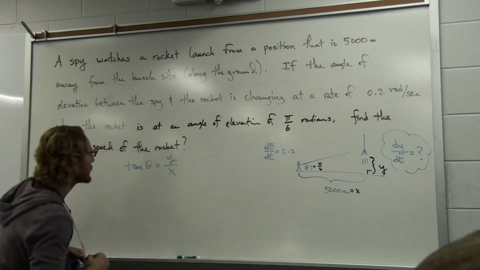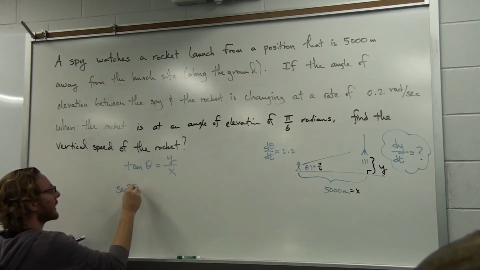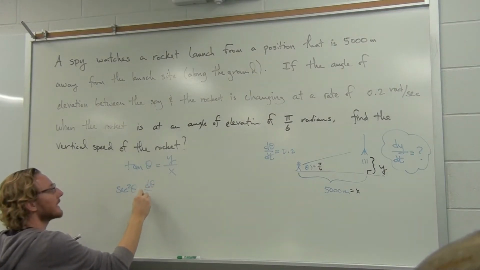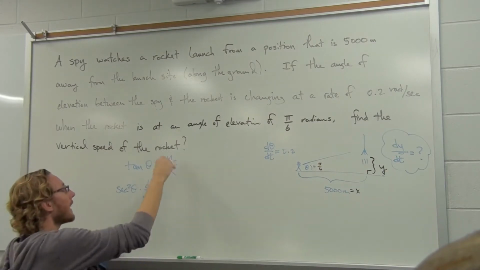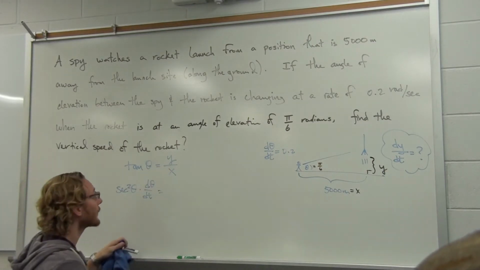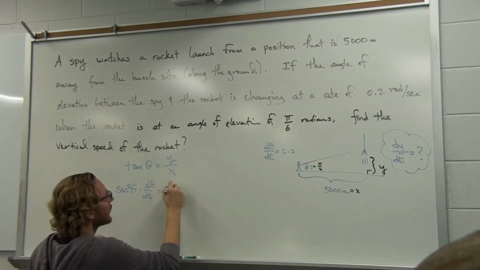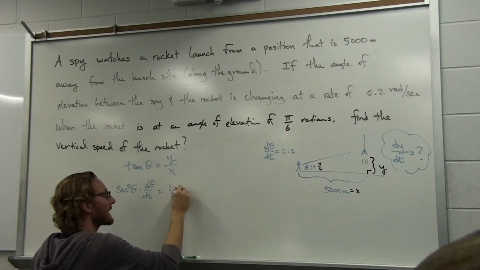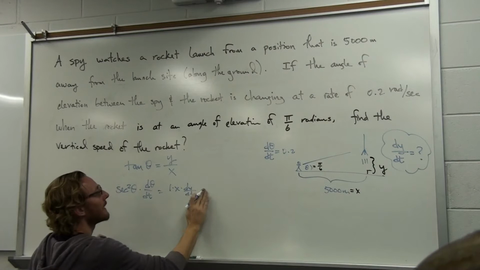Okay, so take the derivative of this guy. Derivative on the left-hand side, secant squared theta, but we took a derivative with respect to theta, so we tap on a d theta. That theta is with respect to time, so we put a dt in as well. The right-hand side, we're going to need the quotient rule for this, but so be it. We can use the quotient rule. This is going to be the derivative of y, that's 1, times x, and then a minus sign.